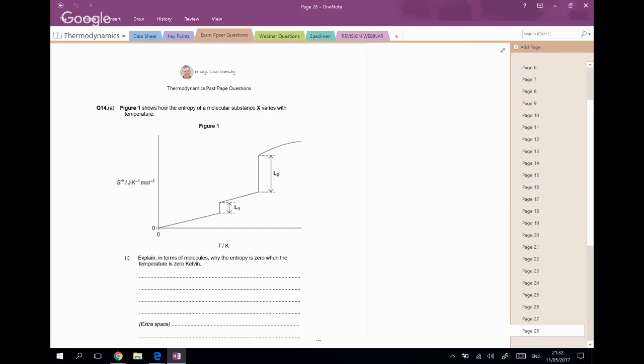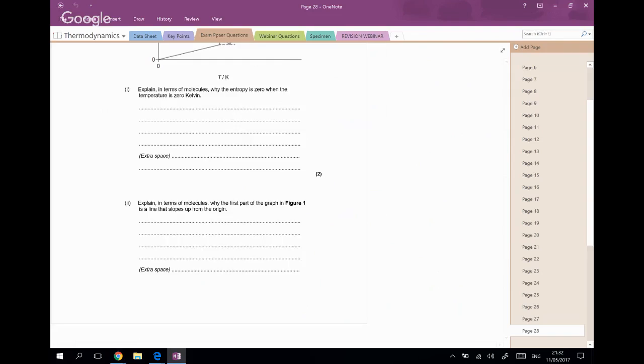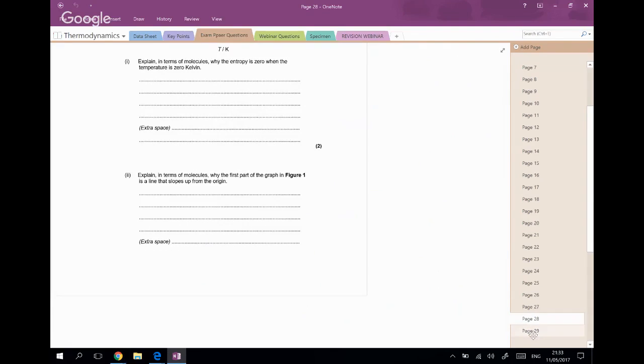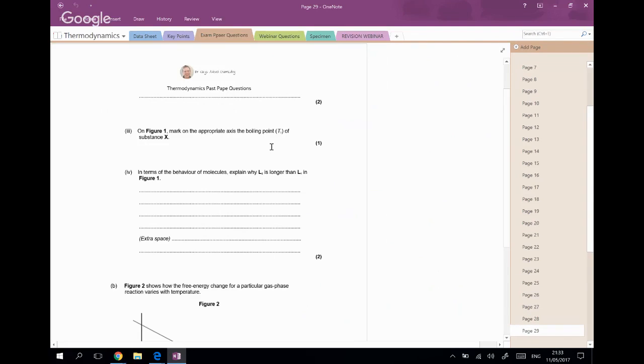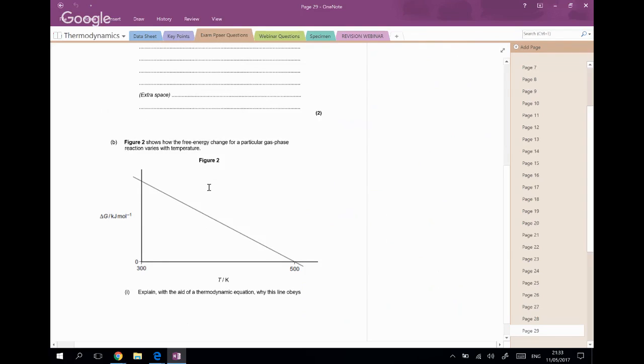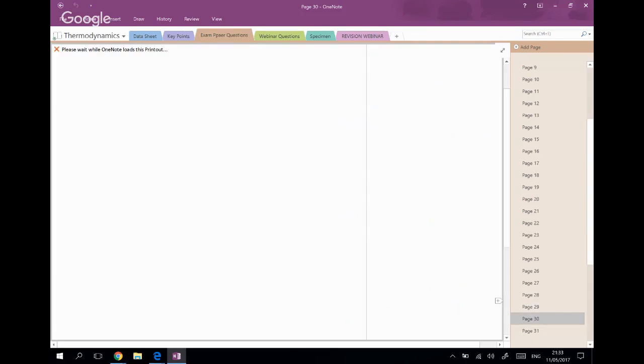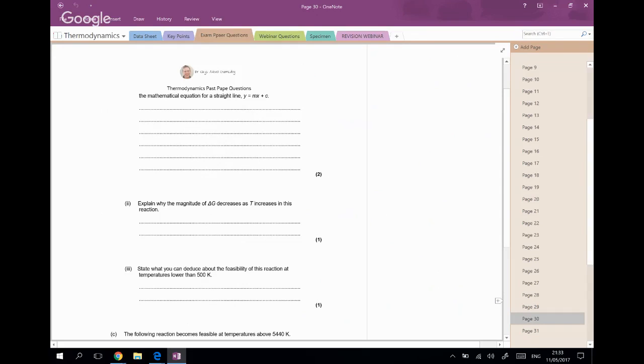All right, this question looks very similar again, so I'm not going to go through a question quite so similar as the one we've just seen before. Let's have a look at the rest of this question. Oh, there's an interesting one.